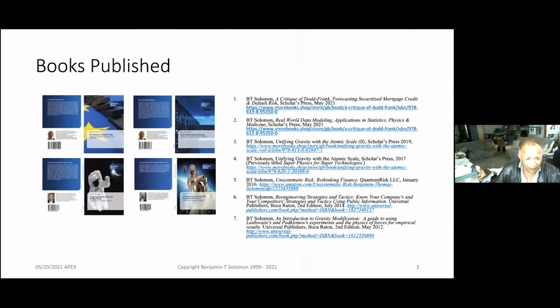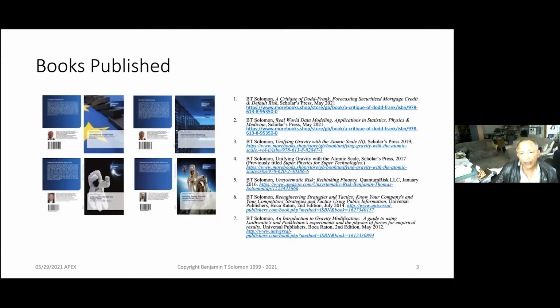Okay, some background. This is about 20 years of work altogether. I've put together about 7 publications. The latest is about, see, my industrial background is in finance, primarily in loss analysis for portfolios. So I have a critique of Dodd-Frank, to do with the risk retention criteria.